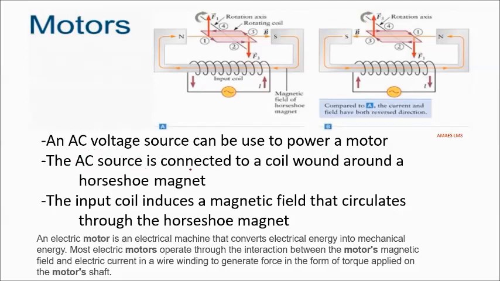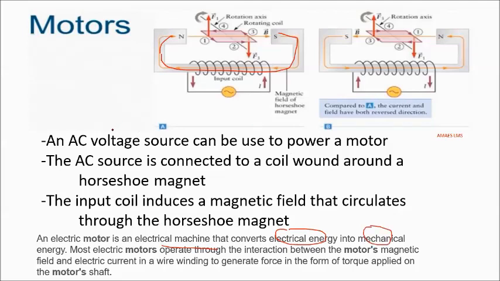And then the AC source is connected to a coil wound around a horseshoe magnet. This is our horseshoe magnet, a bended bar magnet. So the input coil induces a magnetic field that circulates through the horseshoe magnet. Input coil ito.